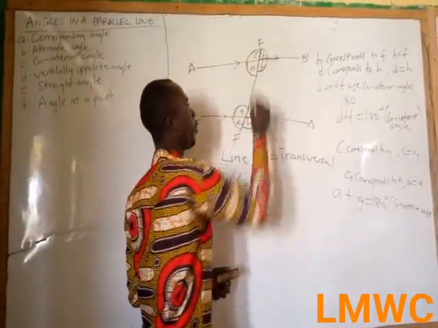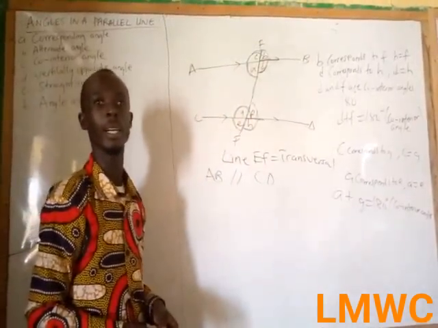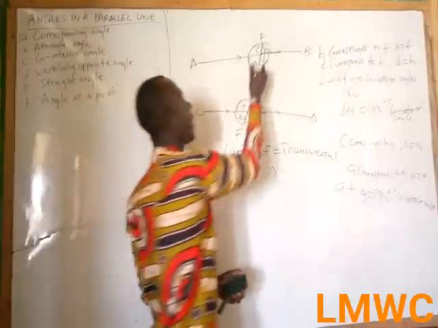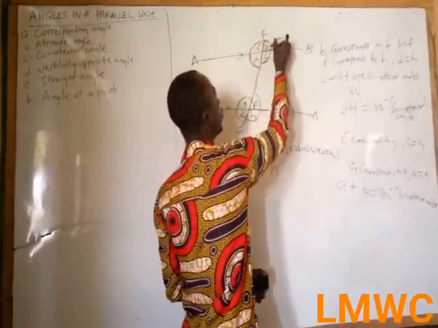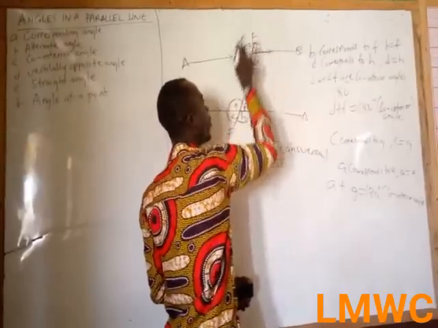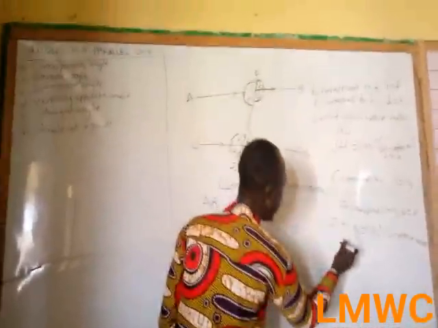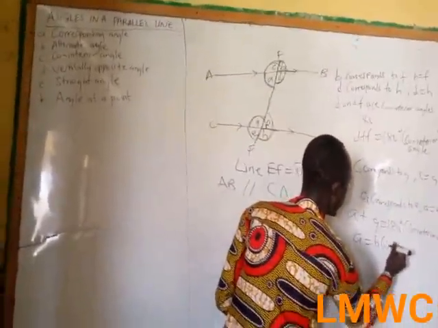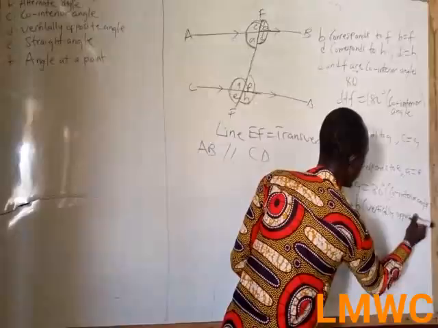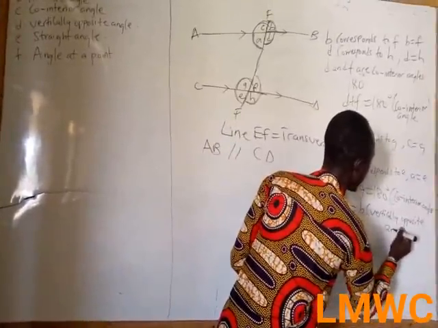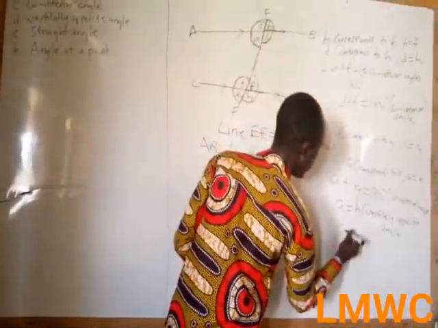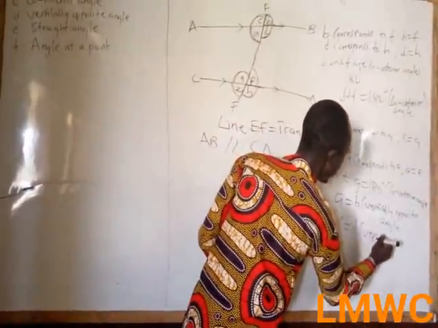Let's take vertically opposite angles. I've already taught you vertically opposite angles, and in vertically opposite angles, the angles are equal. We say A is vertically opposite to B. You see, A is facing B. So A is equal to B, vertically opposite angles. And C is also equal to D. So always, vertically opposite angles are equal.